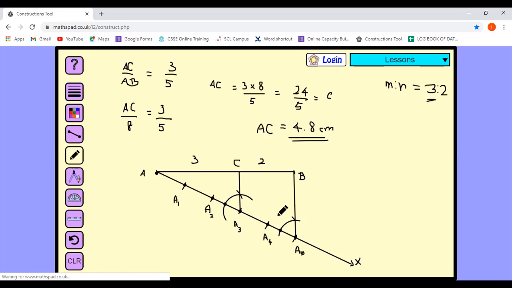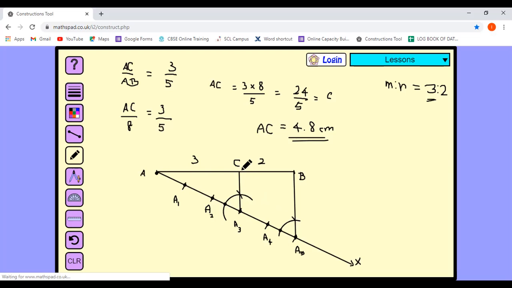Okay. And whenever you're writing construction, it is essential that you write the steps of construction and make sure not to make any small mistakes. If you make any 1 degree difference over here, or your arc is not placed properly, then your final answer of AC will be wrong.